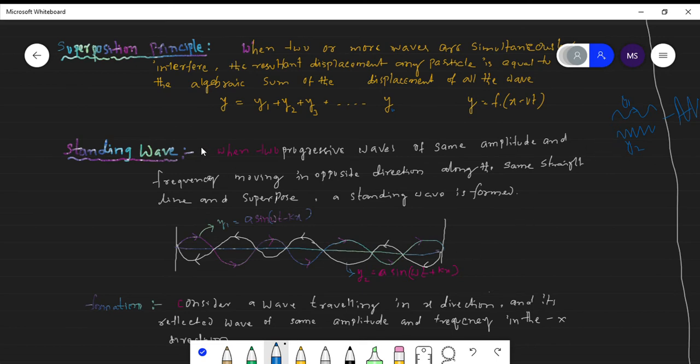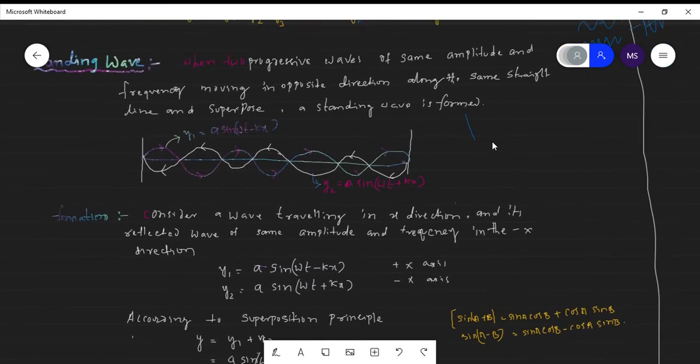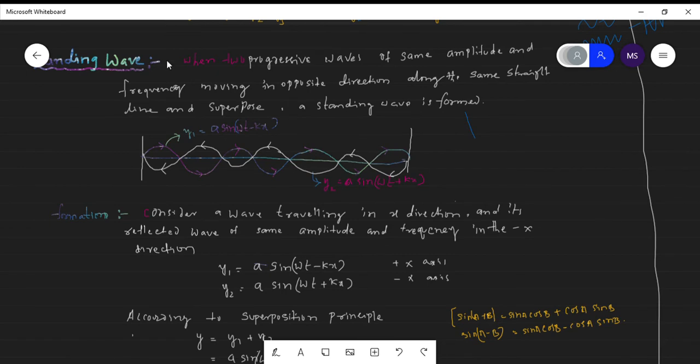Here, the standing wave or stationary wave. Here are two progressive waves having the same amplitude. This is one progressive wave traveling along the x-axis, having the same amplitude and frequency, and this is another progressive wave having the same amplitude.